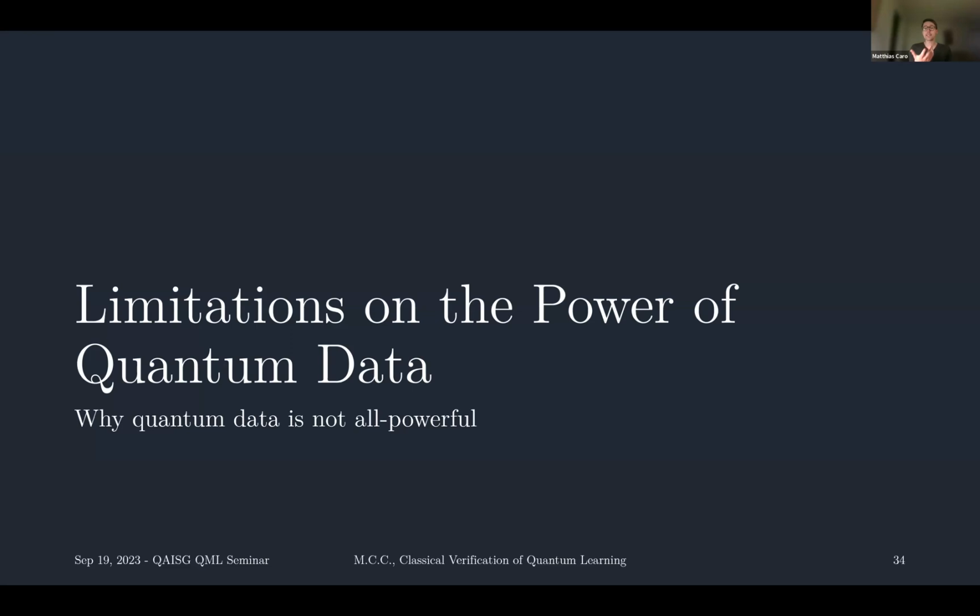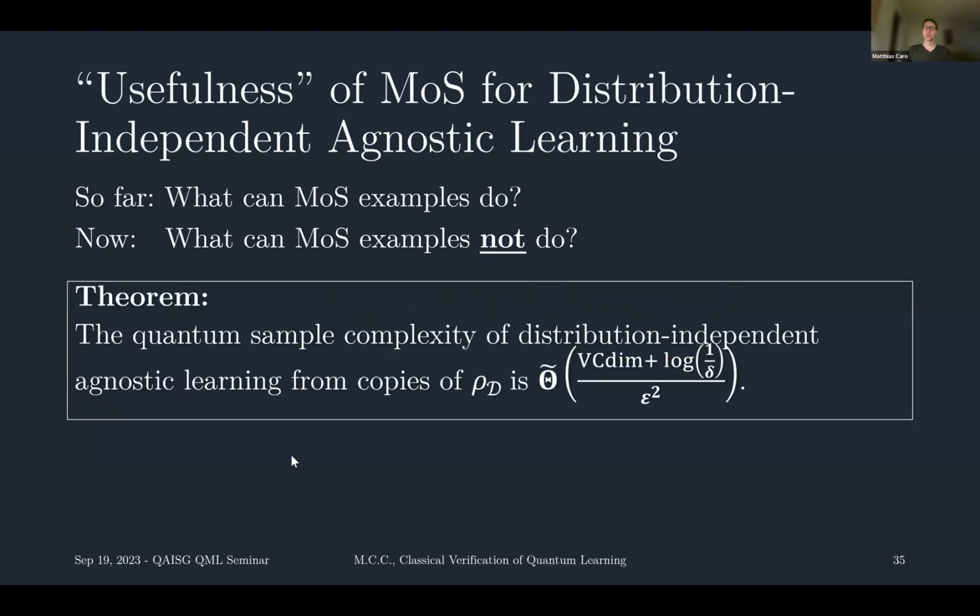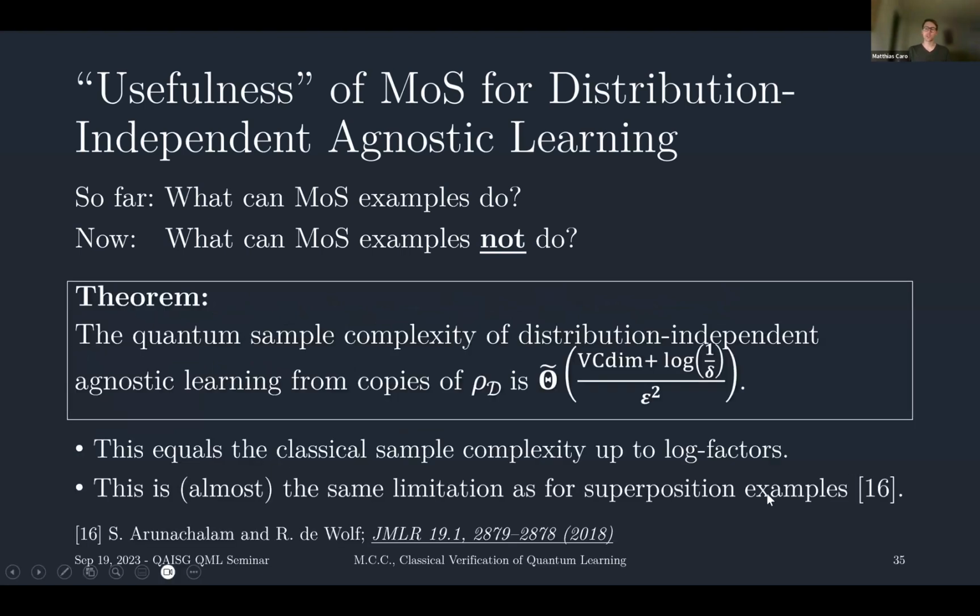So to show that this is not the case, we prove some limitations. And in particular, we prove a limitation that it shares with its standard superposition counterpart, namely that if you go to so-called distribution-independent agnostic learning, you don't really gain anything over classical data.